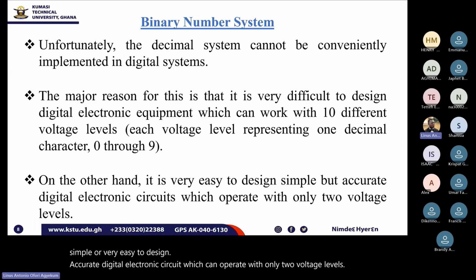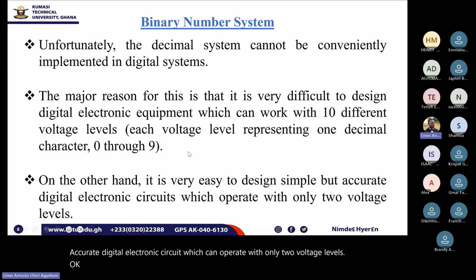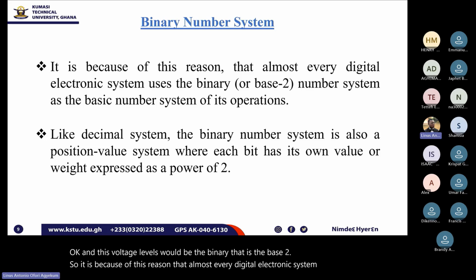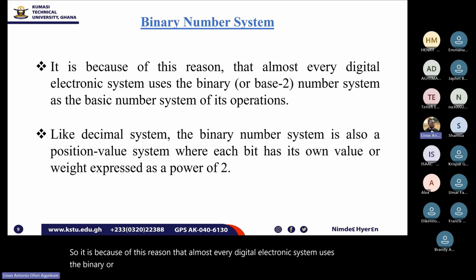These voltage levels would be binary, that is base 2. So because of this, almost every digital electronic system uses the binary or base 2 number system as the basic number system for its operation.